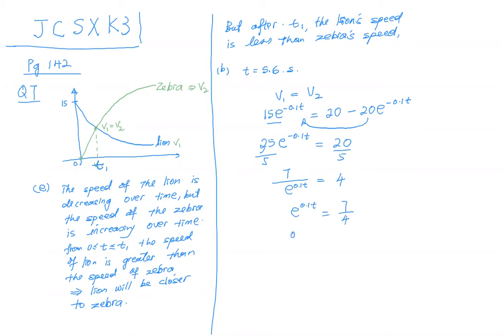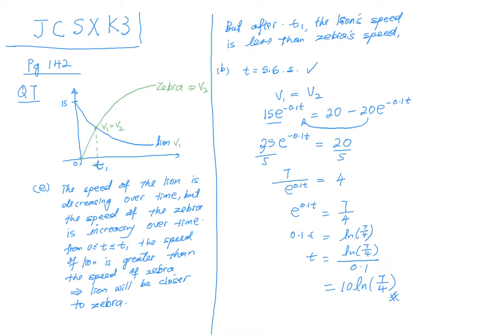So my 0.1t will be equal to ln 7 over 4. So t will be ln 7 over 4 divided by 0.1. So it will be 10 ln 7 over 4. So you must know how to do this in an algebraic way as well. So that's why I purposely show you. So it will be this value.